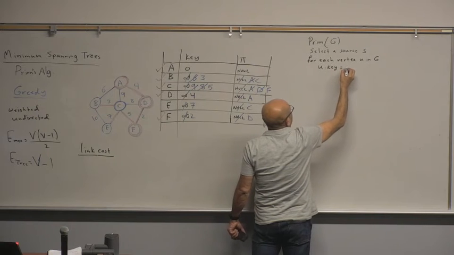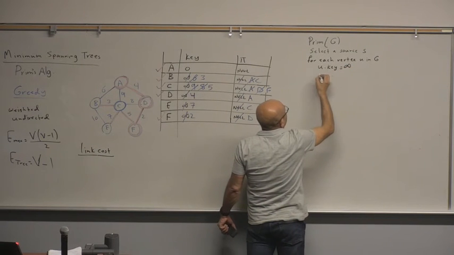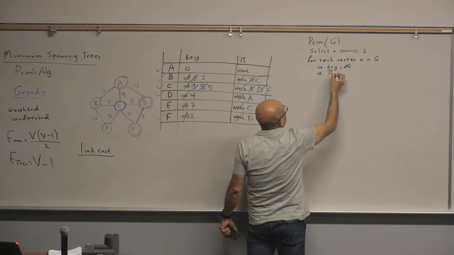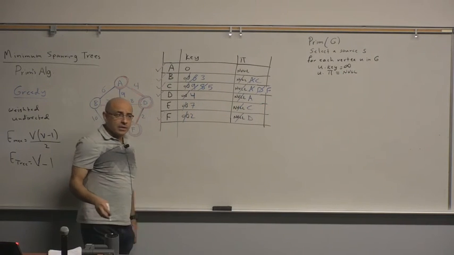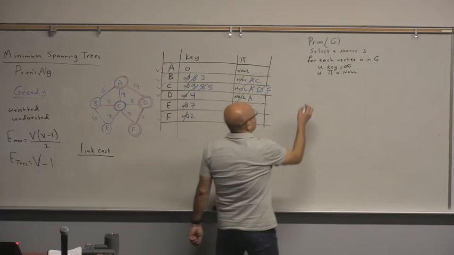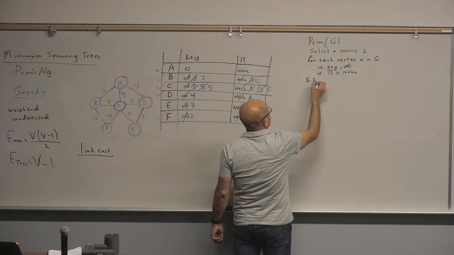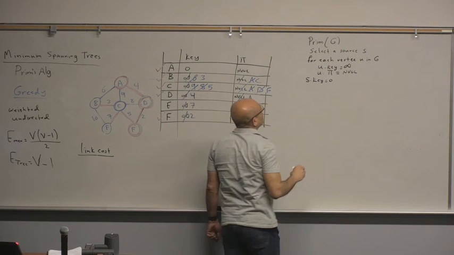For each vertex, U dot key equals infinity, and U dot pi equals null. Okay? Then S dot key equals 0.